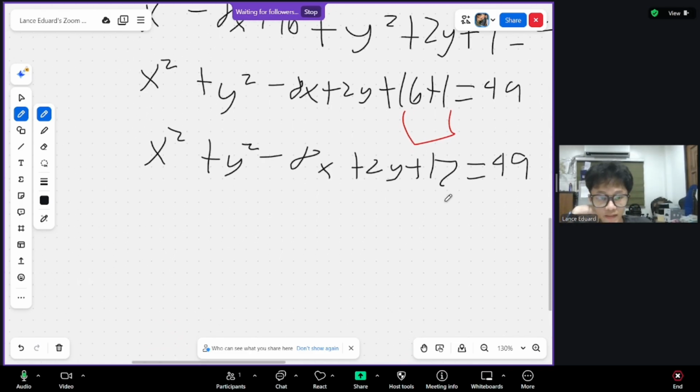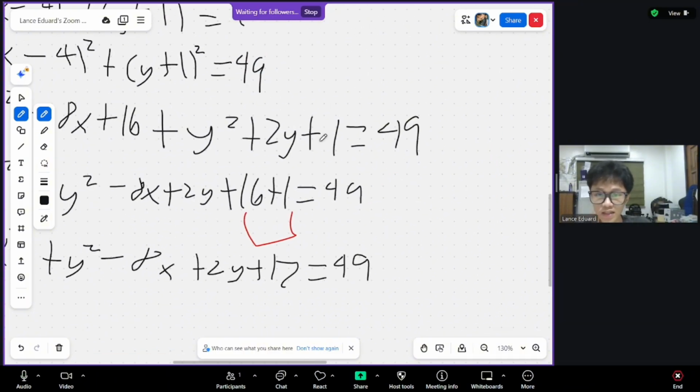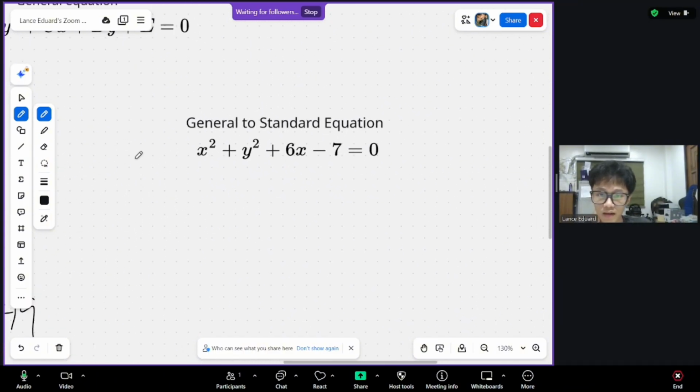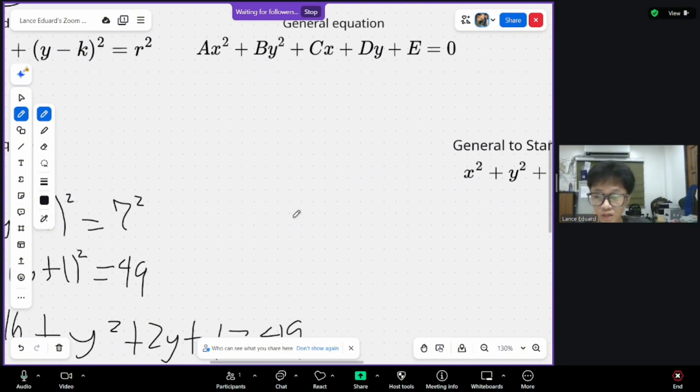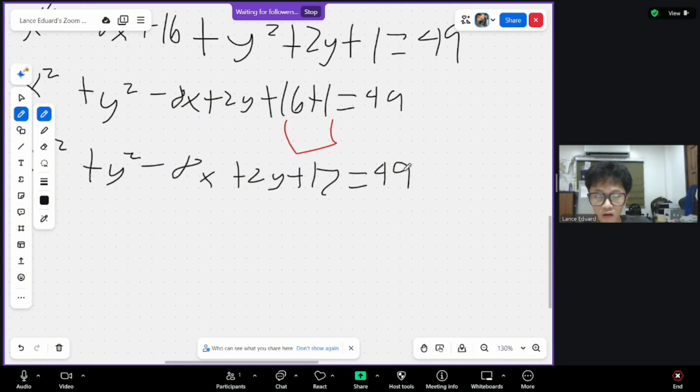Then the next step will be moving 49 to the left hand side. It's positive, so it will become negative. Since our general equation formula is ax squared plus by squared plus cx plus dy plus e equals 0, the right side needs to be 0 here.